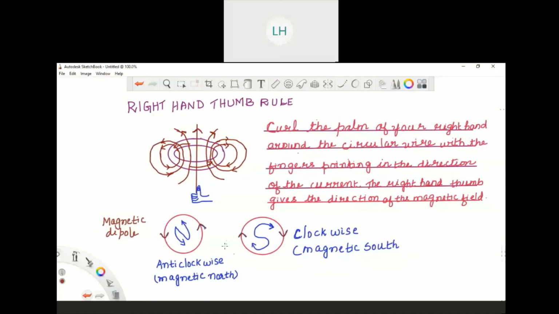But in both cases, the magnetic field at the center of the coil is along the normal to the plane of the coil.